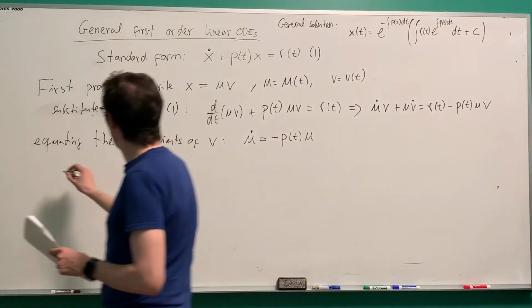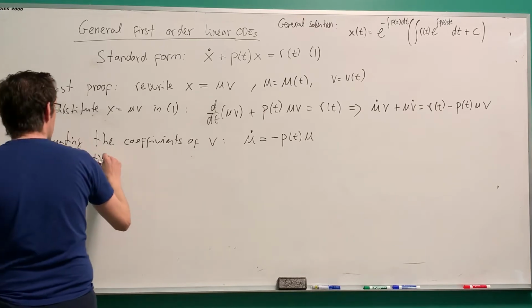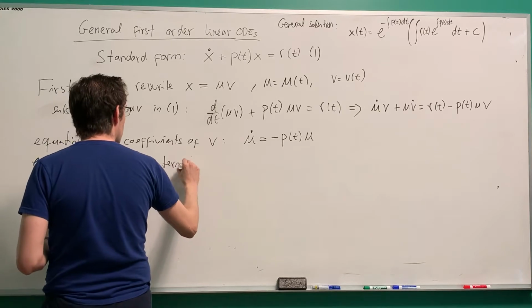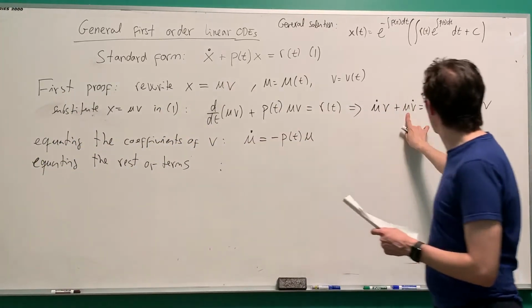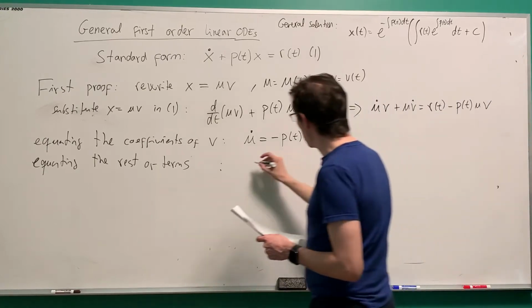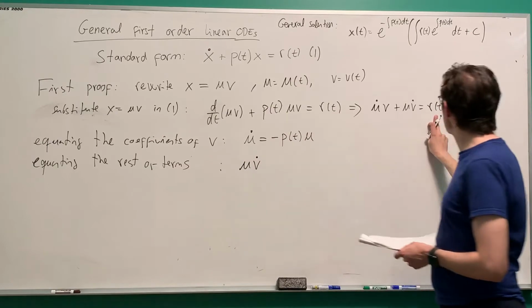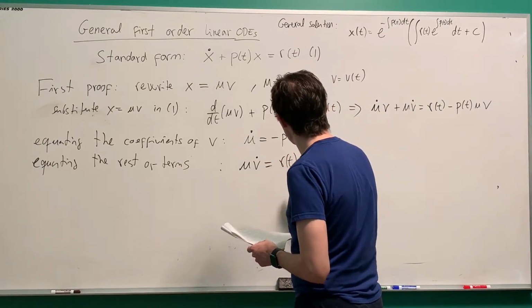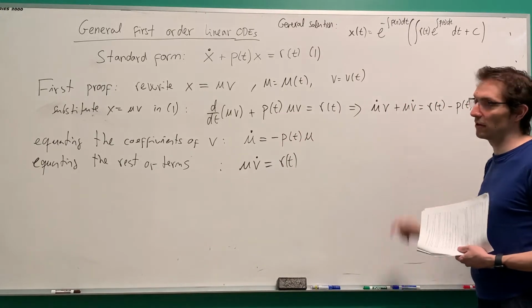So, equating the rest of terms on both sides of the equation, here we are left with u times v dot, and on the right is just r of t. If these two equations are true, then we know this is satisfied automatically.